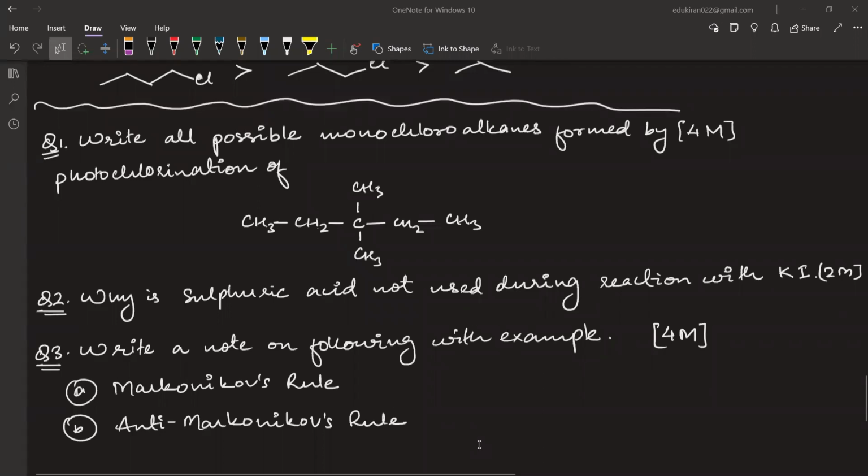Can all of you see the screen? Yes, sir. So you have 30 minutes. The first question is for 4 marks. The second is for 2 marks. The third one is again for 4 marks, 2 marks each for Markovnikov and anti-Markovnikov with example. You don't need to write the question, just write the question number properly.